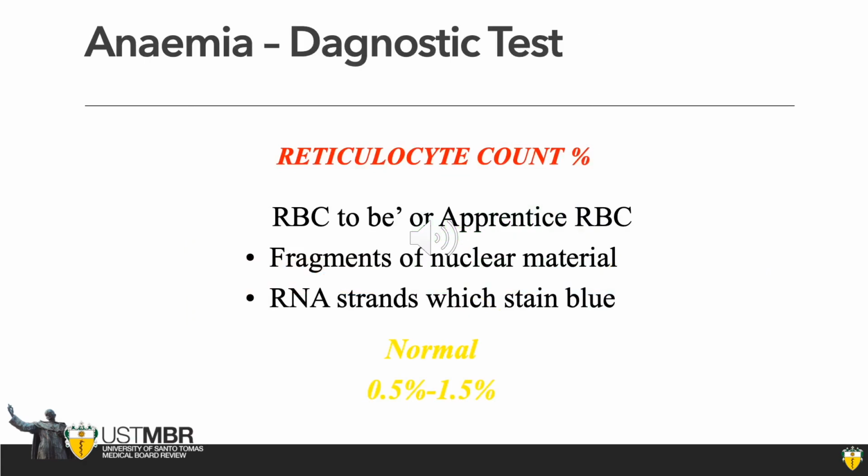The next diagnostic test after the complete blood count is the reticulocyte count. Reticulocytes are apprentice red blood cells or immature red blood cells. Again, they have fragments of nuclear material or ribosomal or RNA strands which stains blue. The normal value is 0.5% to 1.5%.